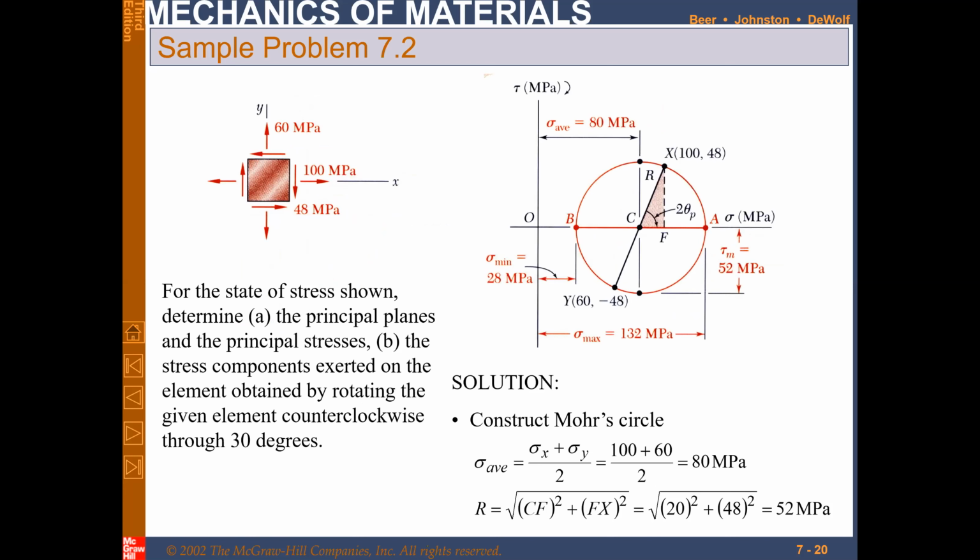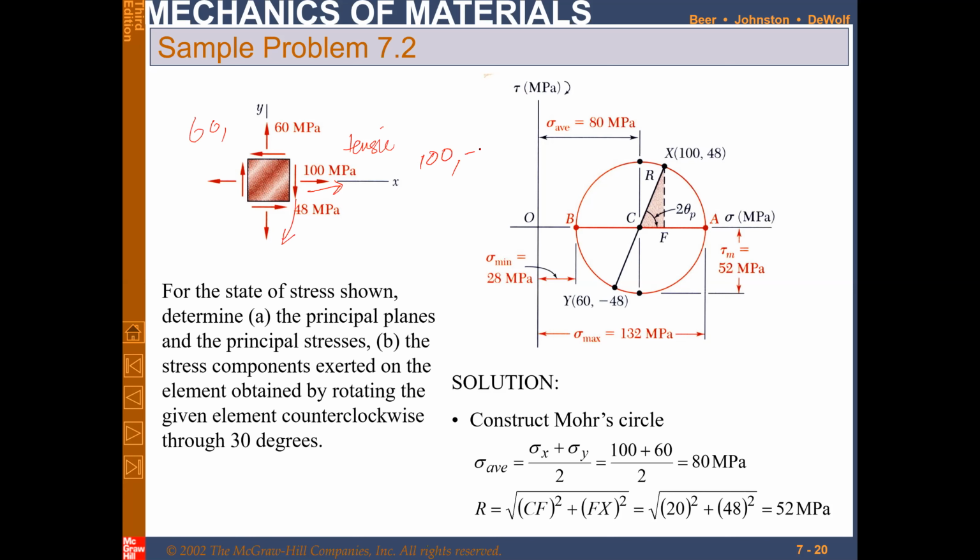So see, again, this is another example, right? Both are tensile loads. So coordinates will be 100 for sigma x, 60 for sigma y, and this is clockwise, so it will be positive.